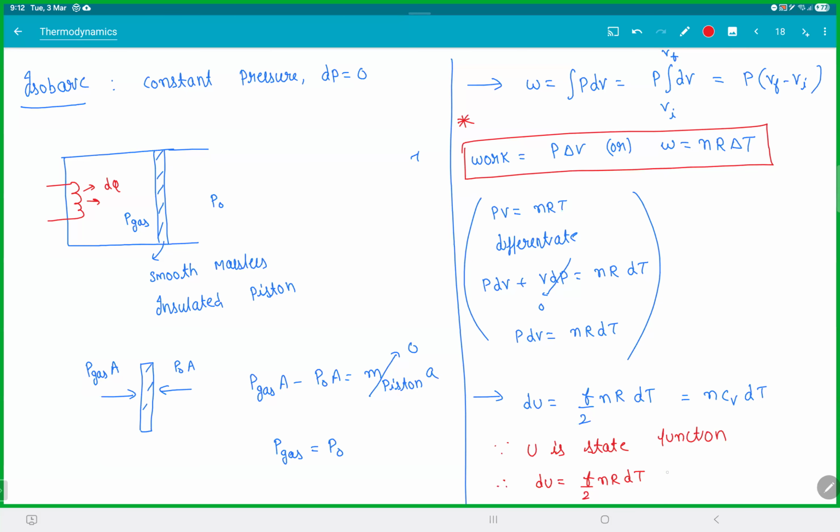Stick to KTG. It's just a way of writing. Because fR by 2 is a constant, which is Cv, it doesn't matter which process I give you, you can always write nCv dT for dU only. Clear with this? Any doubts on this page?